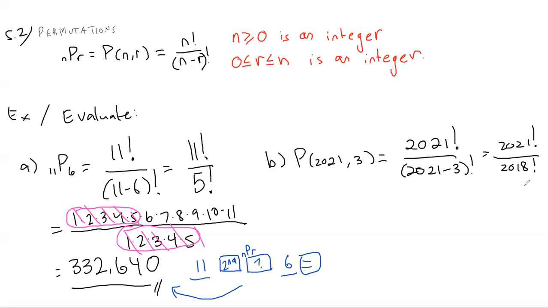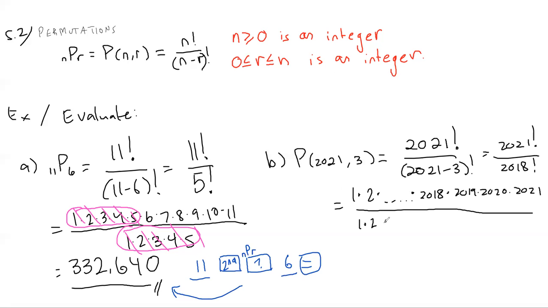So remember, factorials cancel. So if I actually try to write all of this out, 1, 2, all the way up to, want to make sure I can see that cancellation. So I'll do the 2018, 2019, 2020, and 2021, and divide by, along the bottom, everything up to 2018. And cancellation, of course.